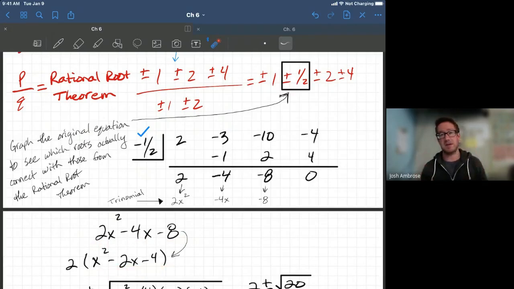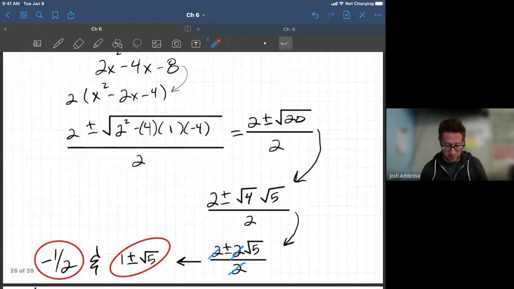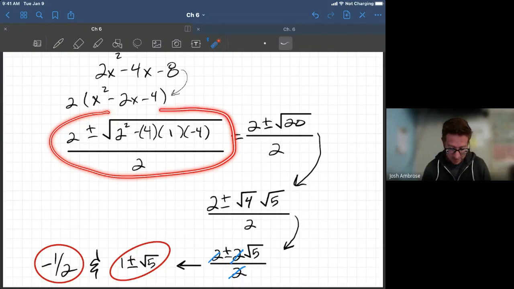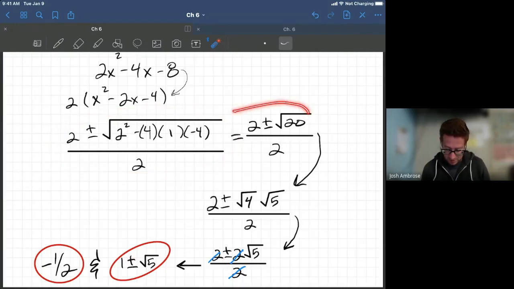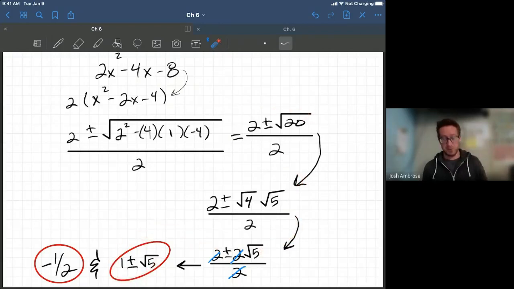Once you have this final trinomial, then you just solve for x. Now, I'm telling you in advance, it doesn't factor this specific one, so I had to use the quadratic formula. So this right here is me setting up the quadratic formula, and these are all the steps in simplifying the quadratic formula into my actual solutions.